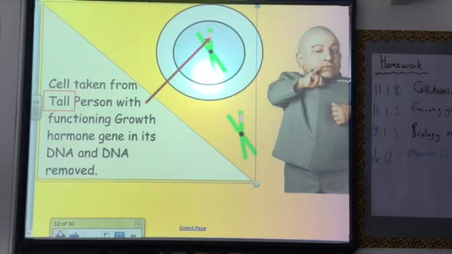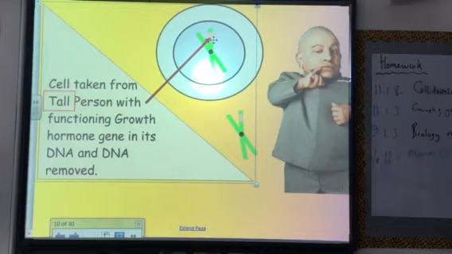Otherwise he'd be tall. But we can actually take that gene out and, in theory, insert it into something else. And this is genetic engineering. Alright? So that pink bit there is the gene that makes a person tall.